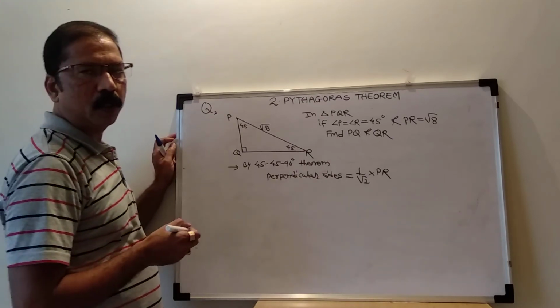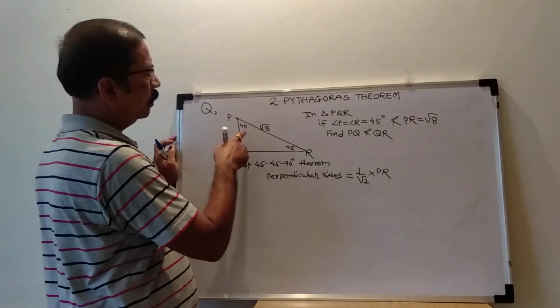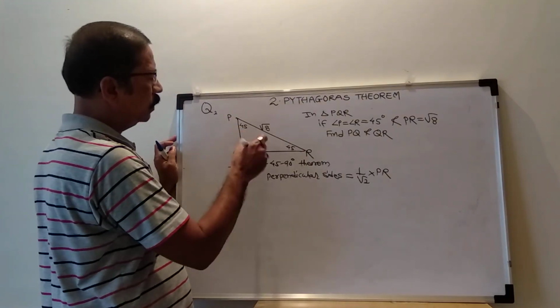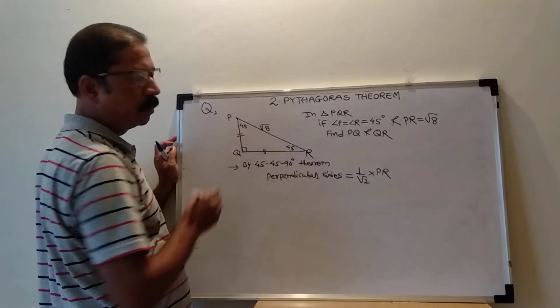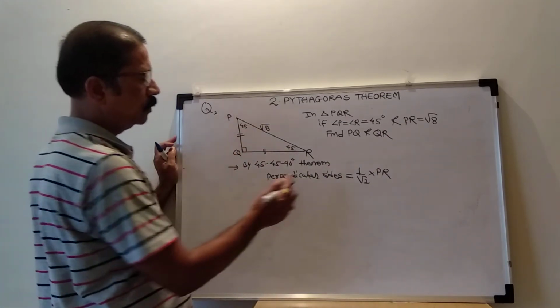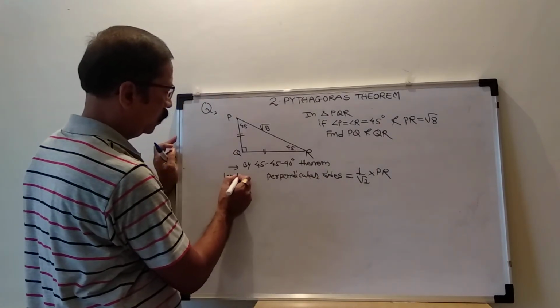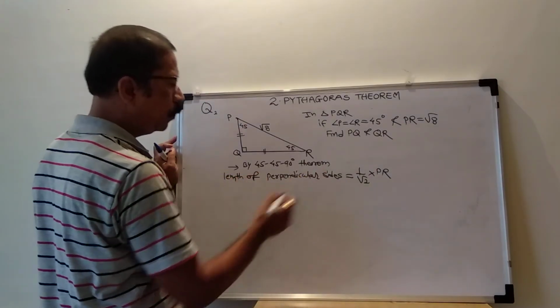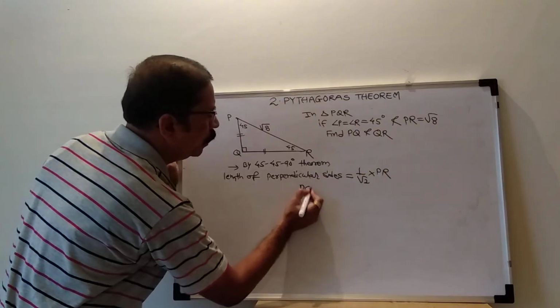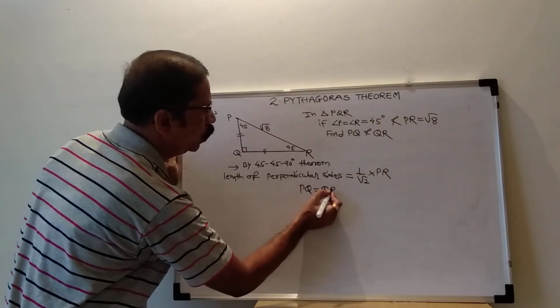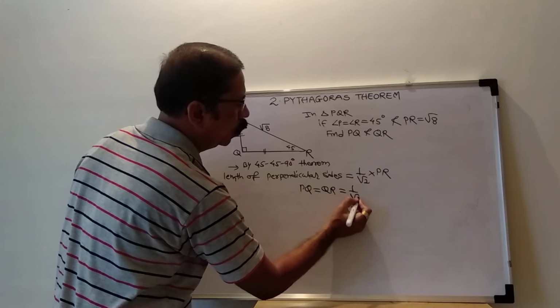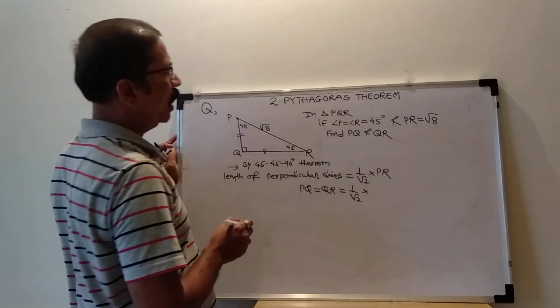You know the 45-45-90 degree property. If the angles are 45, 45, 90, the triangle is isosceles. Perpendicular sides are congruent. And the length of the perpendicular sides, that is PQ is equal to QR is equal to 1 upon root 2 times the hypotenuse.